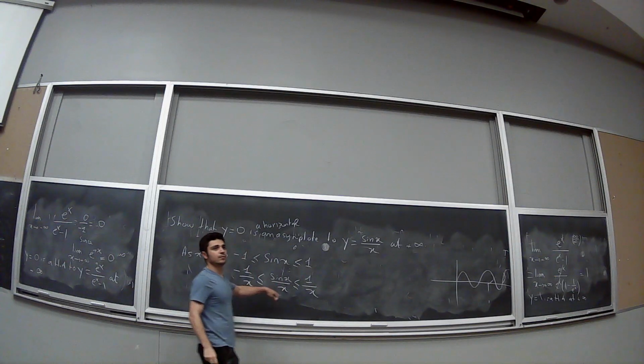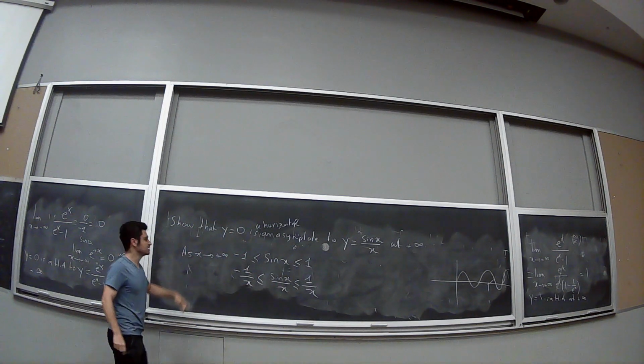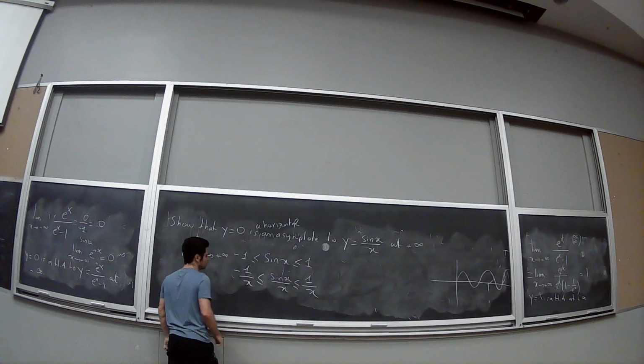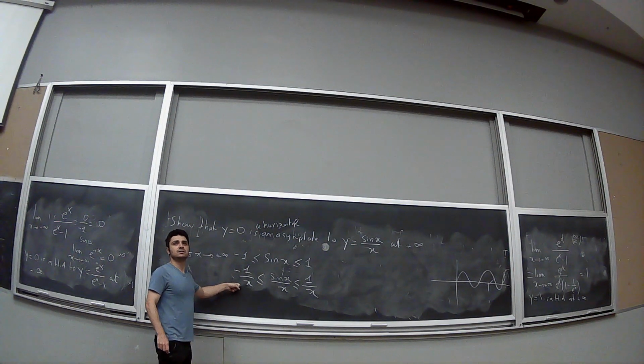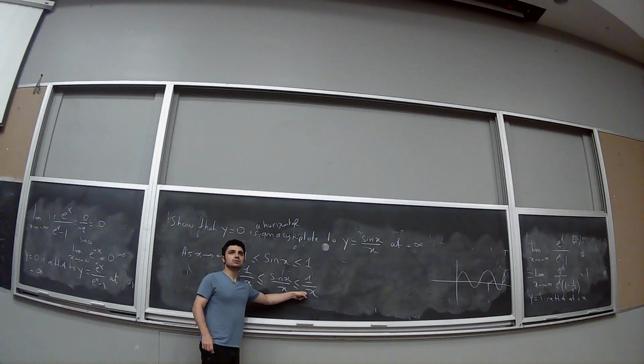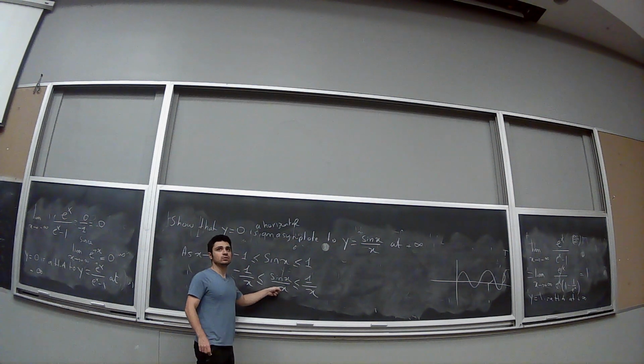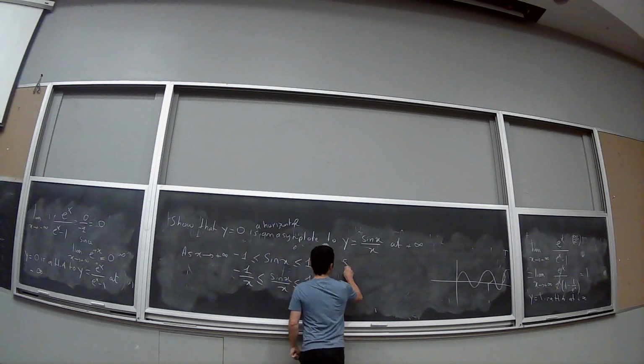You agree? Everybody, do you agree with this? Since x is positive as x goes to plus infinity, the limit of the left-hand side is what? Everybody, as x goes to infinity, the left-hand side goes to 0, the right-hand side goes to 0, so the middle must go to 0.